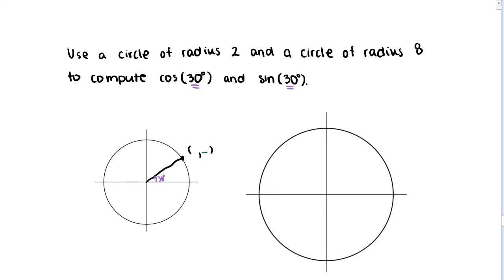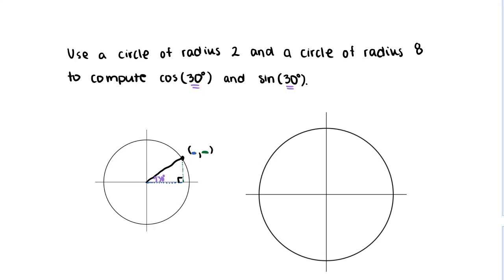This y-coordinate, whatever it is, is the height of that point above the x-axis, and the x-coordinate is the distance that point is away from the y-axis. So there's this right triangle where that green side is this y distance, the value of this y-coordinate, and this blue side is the value of this x-coordinate.